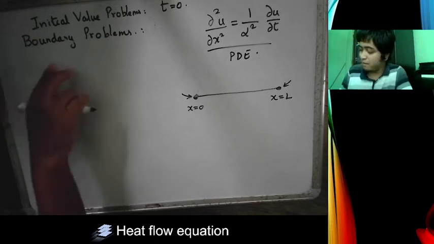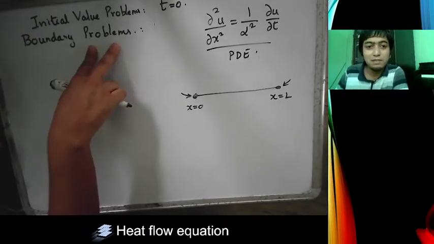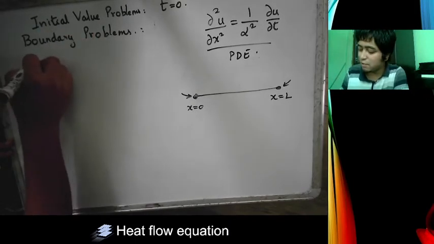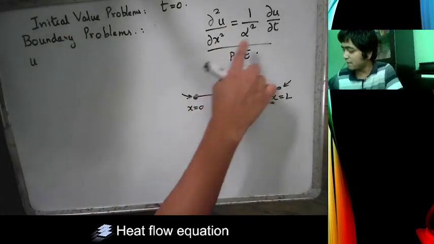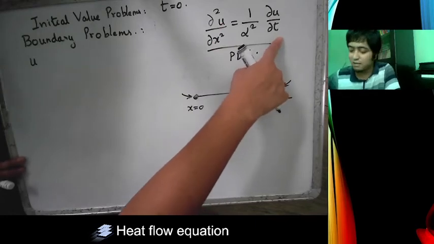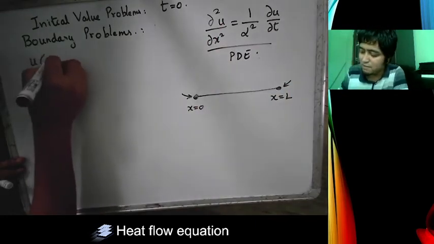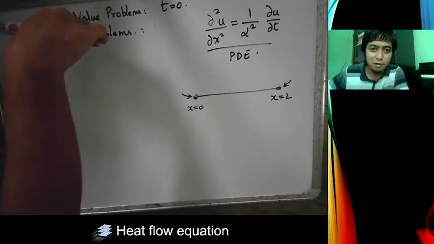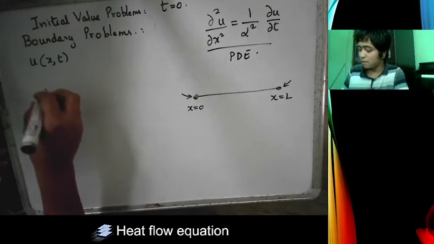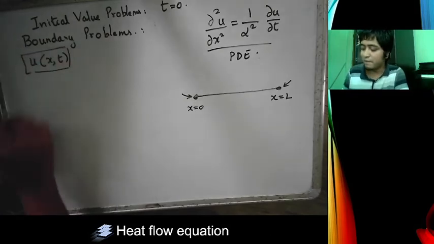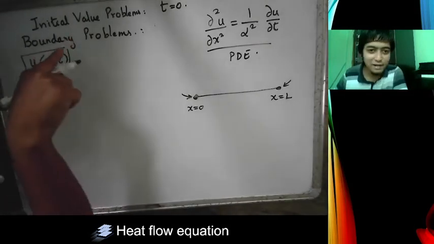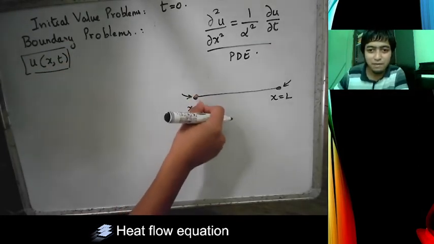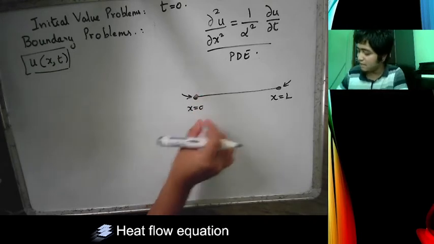And over here, for the boundary problems, because u depends on x and on t, we can say that u will be a function of x as well as t. For boundary problems, what is specified? We are specifying the temperature at the end points.